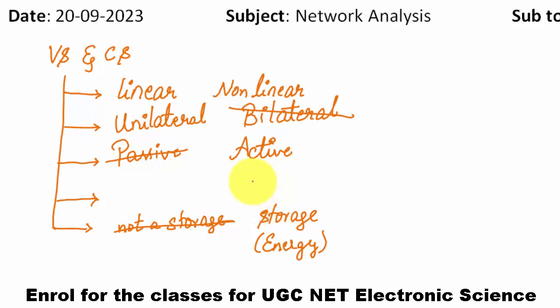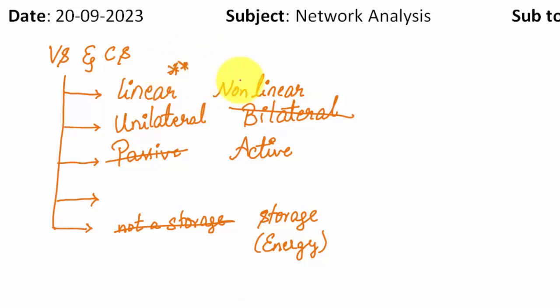Now it is also a linear element, but a restriction is there. Rather than classifying as linear or non-linear, we should tell that it is a constant element. So based on this, I have put an asterisk, nothing but terms and conditions apply.